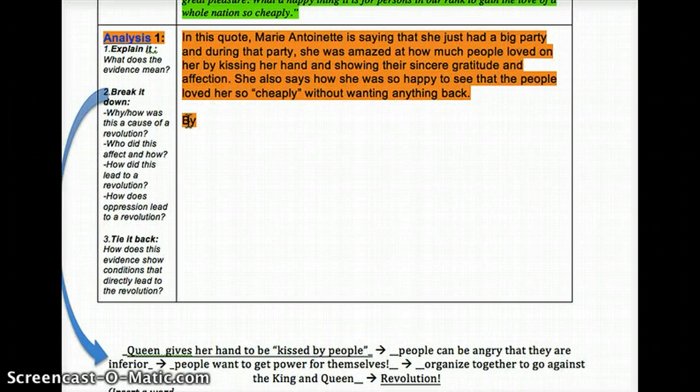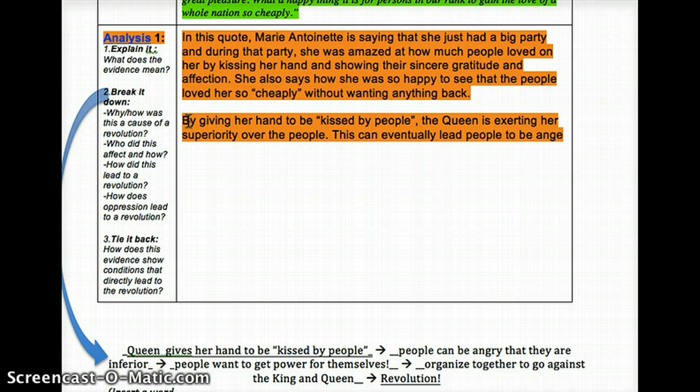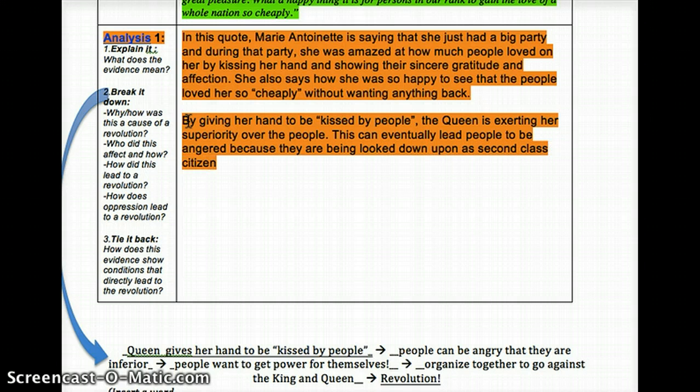So I can say, by giving her hand to be kissed by people, the queen is exerting her superiority over the people. This can eventually lead people to be angered because they are being looked down upon as second-class citizens with no rights. What else did I write here?